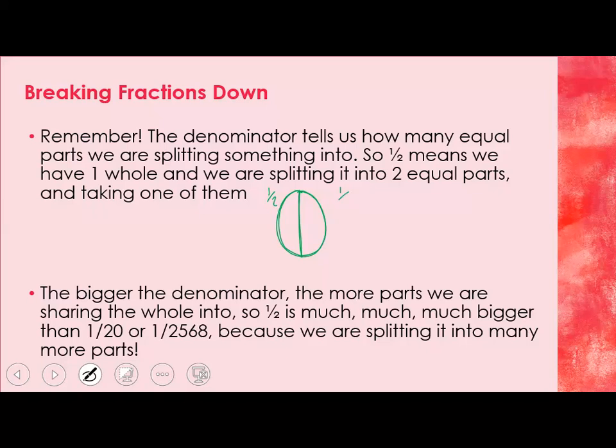A quarter would look like this. An eighth would look like this. Now you can see each time the slice of the pizza that you're going to get if you have 1/8 is much, much smaller.